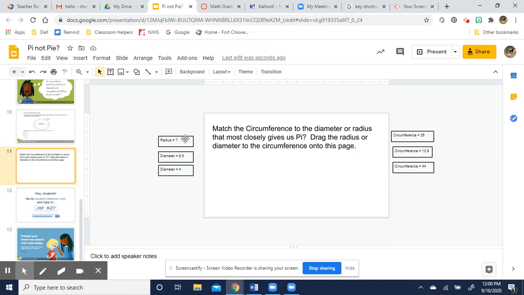Notice I have one radius. I have to find the diameter, so I have to multiply 7 by 2 to make it a diameter. So I have to do a little bit more work here. This is going to be graded and checked and is worth 10 points. This I am not going to solve for you. This is something you will be solving.